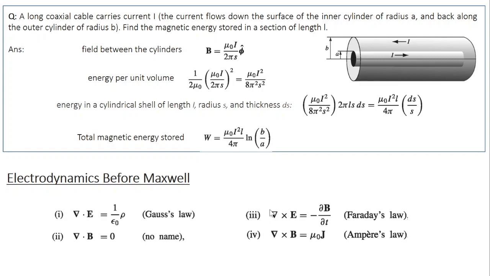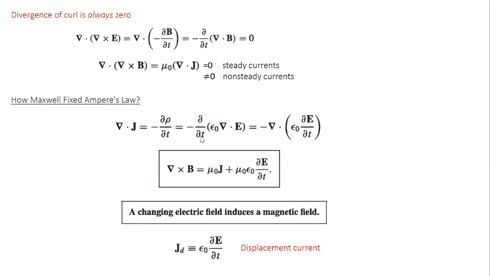First take equation 3, divergence of curl of E. Curl of E is minus dou B by dou t, so this is divergence of minus dou B by dou t. These are derivatives, so you can interchange them and write minus dou by dou t divergence of B. Divergence of B is always 0, so this is equal to 0. So in the case of the electric field, this law is valid, no problem here.